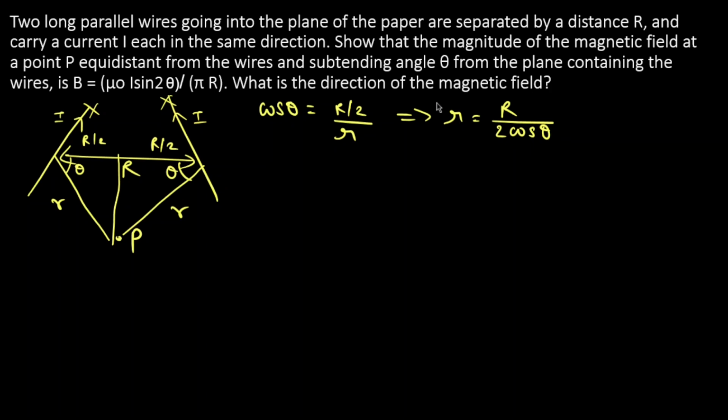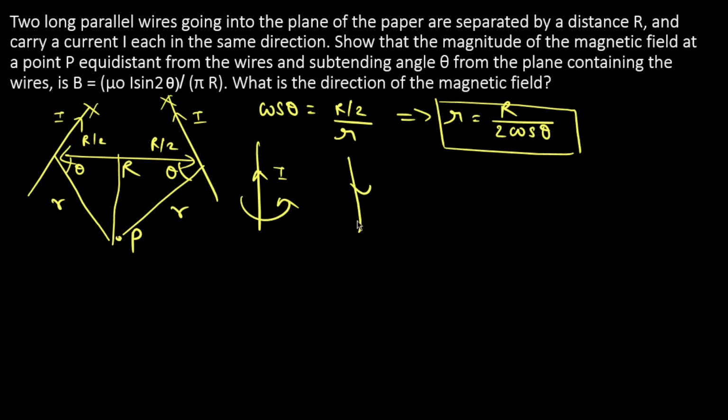So keeping this equation in mind, further moving, we can say that using the right hand rule, that is, if the current is going in this direction, the magnetic field will be like this, and if the current is going in this direction, the magnetic field will be like this.